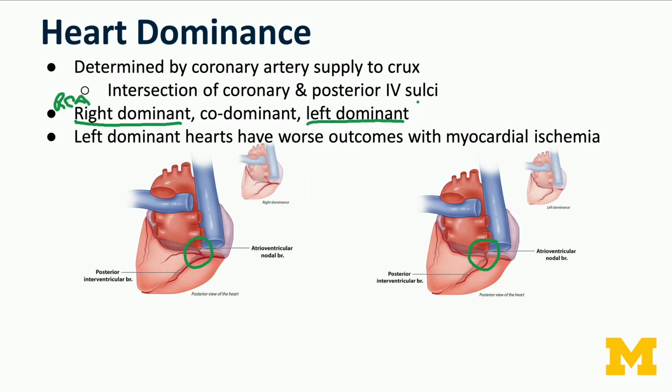A left dominant heart is supplied by the LCA to the crux. A codominant heart has both the RCA and the LCA supplying the crux of the heart. Now, this has particular significance with respect to outcomes when there's myocardial ischemia.